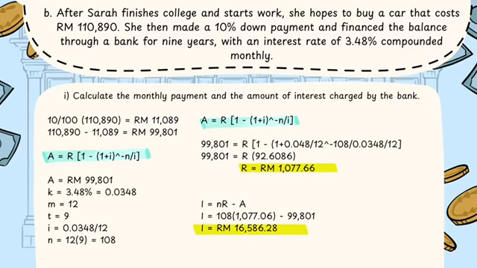Now look at question 2. If she missed her first 5 monthly payments, how much should she pay on her 6th payment to settle all outstanding arrears?